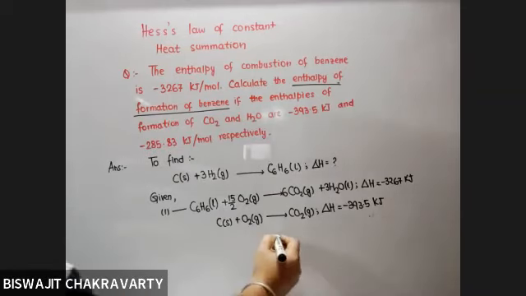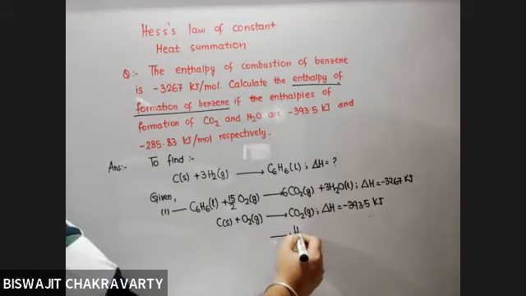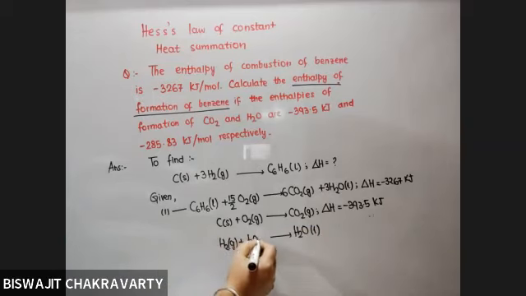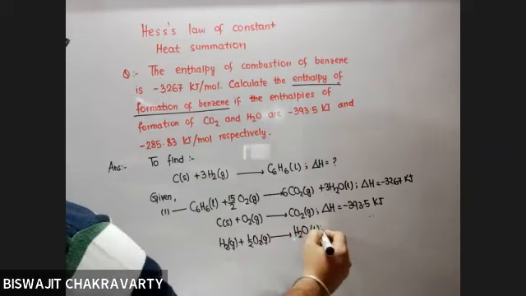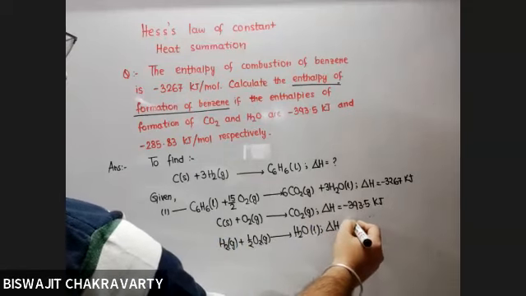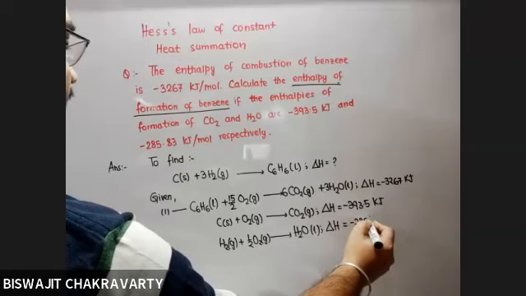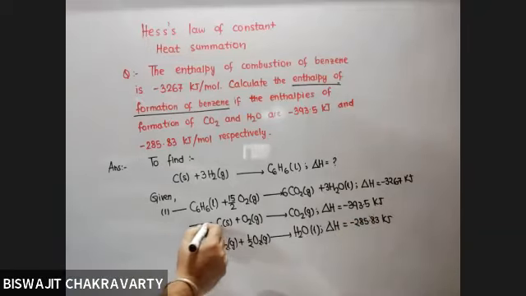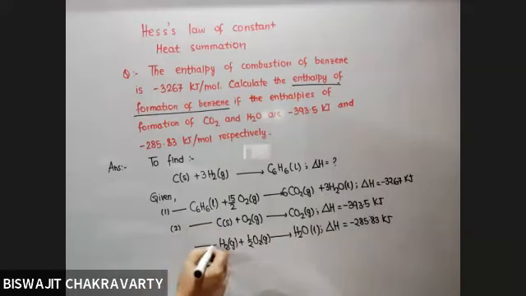Further, formation of water is given: hydrogen gas plus half O2 gas gives water. Delta H is provided to be minus 285.83. So let this equation be equation 2, and this be equation 3.